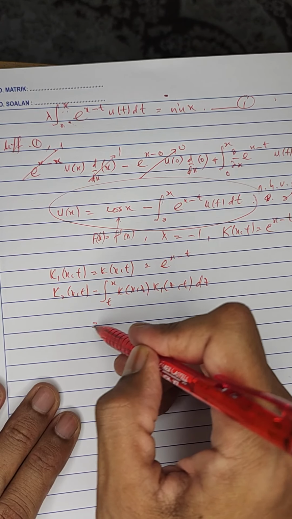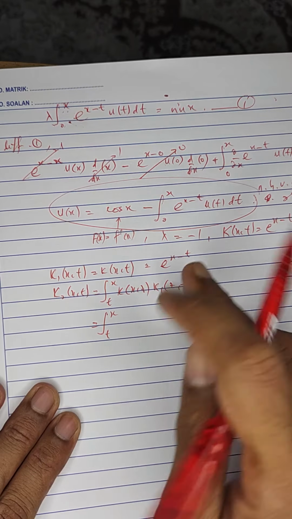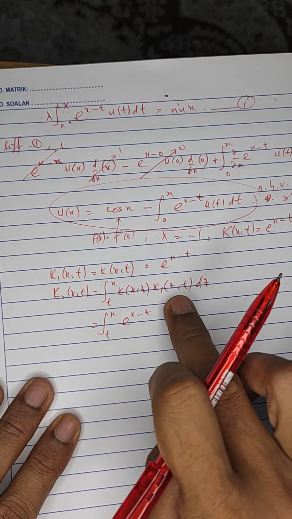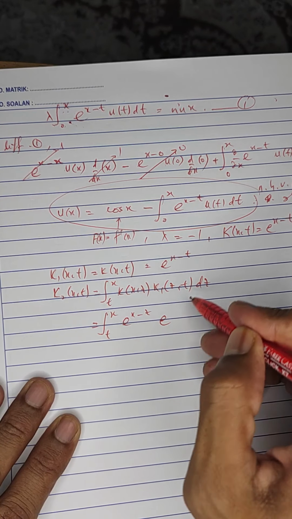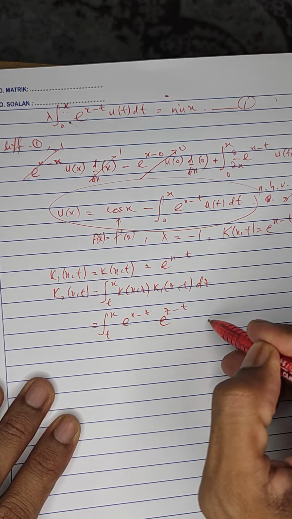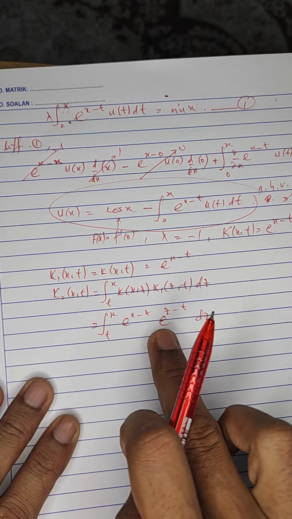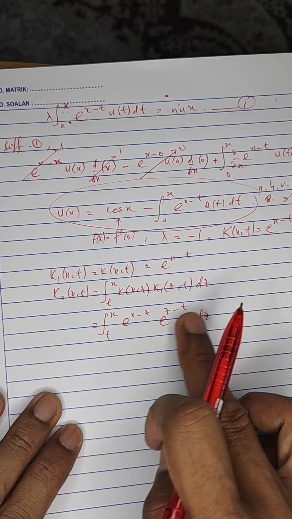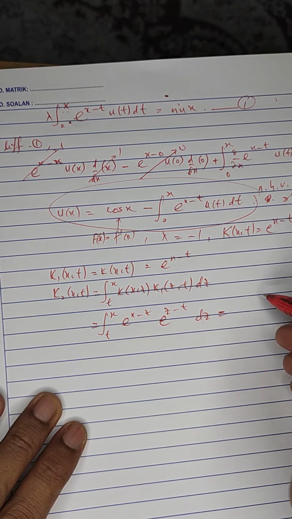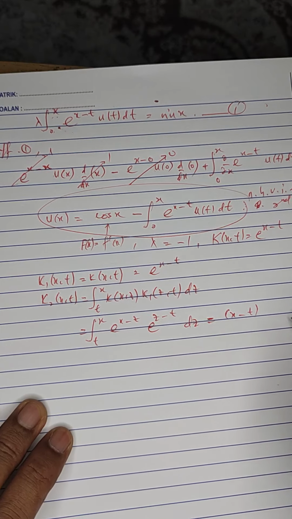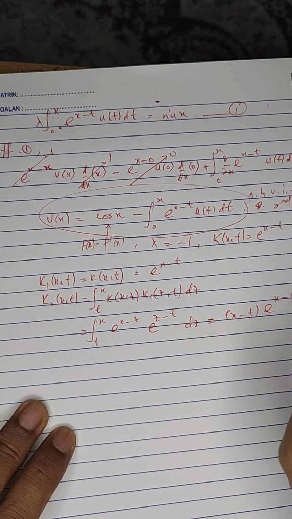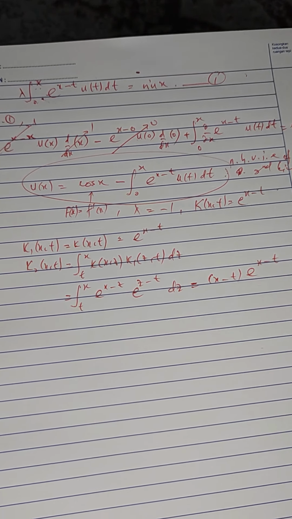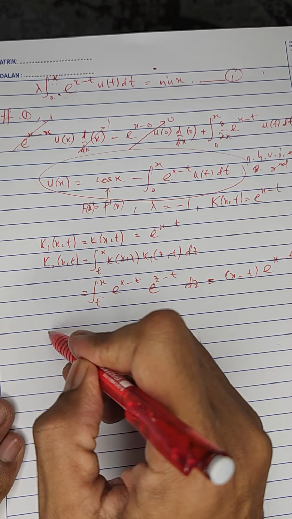If we do this, K(x,z) is e^(x-z) and K1(z,t) is e^(z-t) dz. So what we have here is (x-t) e^(x-t). That's K2.